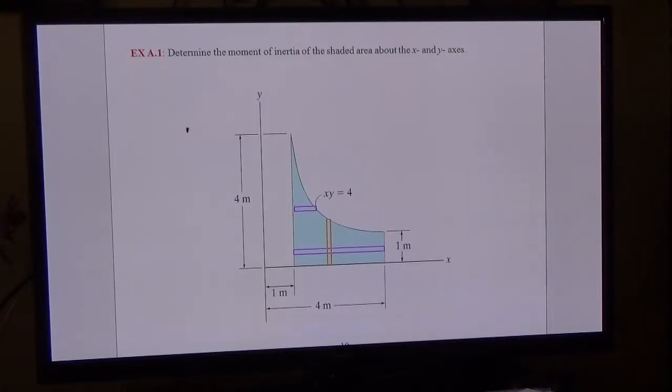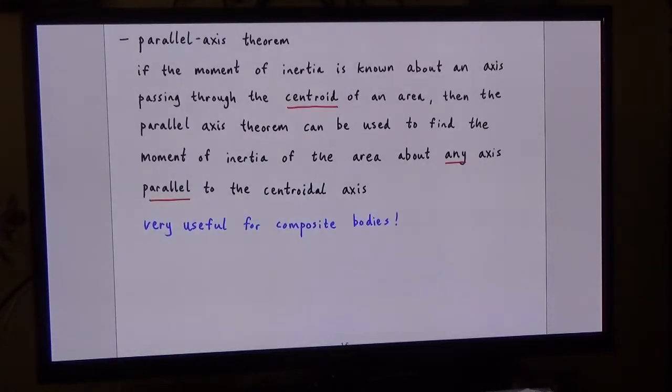Whereas I think the composite area technique for moments of inertia actually is more difficult than the integration method. So before we get to the composite area method, I want to go into a little bit of a discussion on what's called the parallel axis theorem. The parallel axis theorem is very useful for composite bodies.